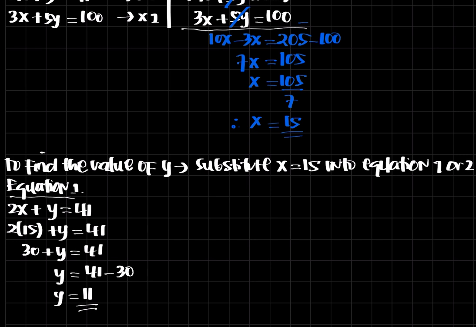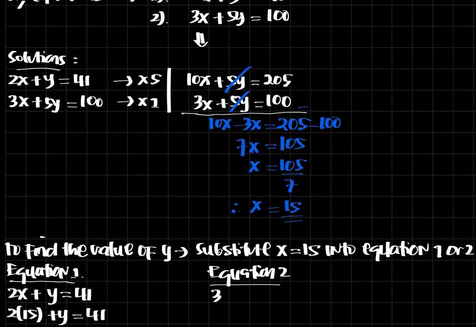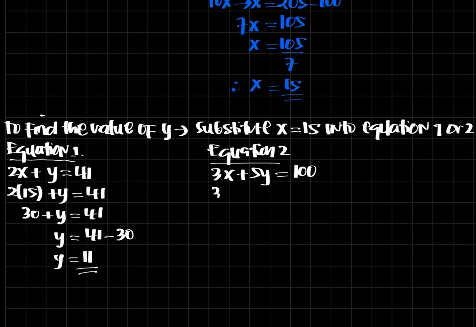Equation 2. 3x plus 5y equals 100. Now x is 15. 3 times 15 plus 5y equals 100.